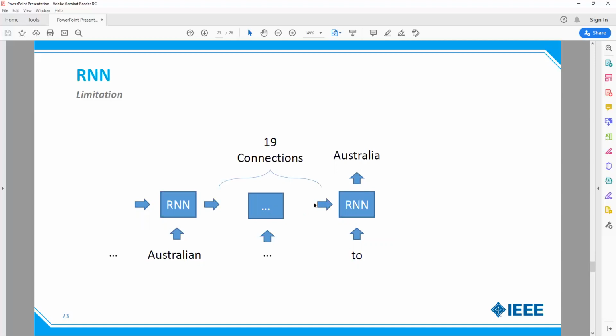That's a very long sequence of partial derivatives that it has to calculate. So if the gradients of those partial derivatives are all below 1, the influence between the weights of the RNN, given this input, on the output will be significantly low, meaning that the weights of our RNN will not be updated significantly based off our input Australian.